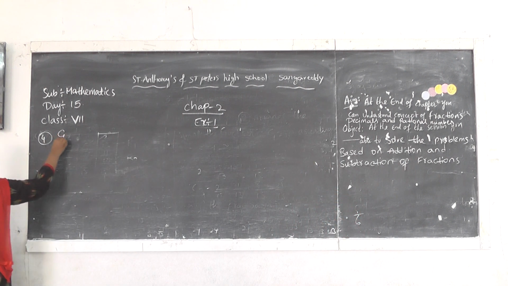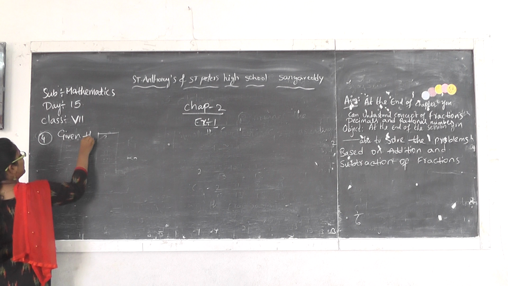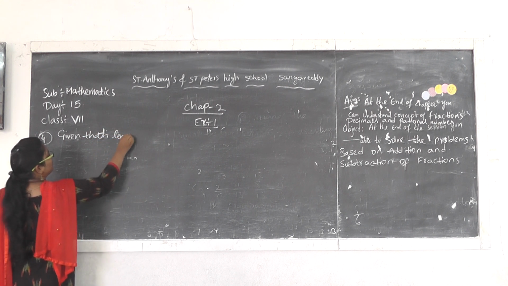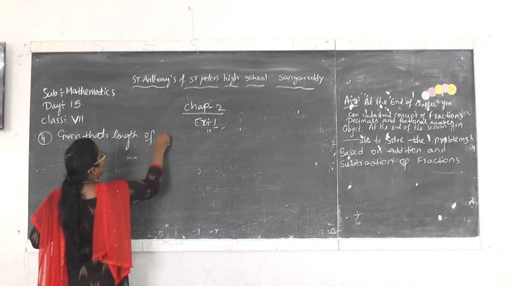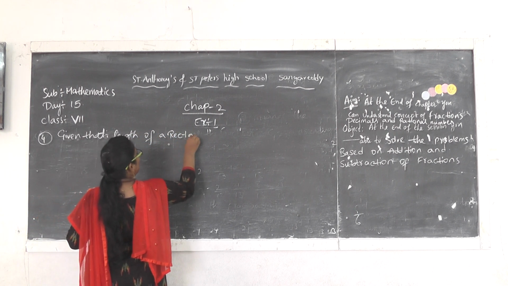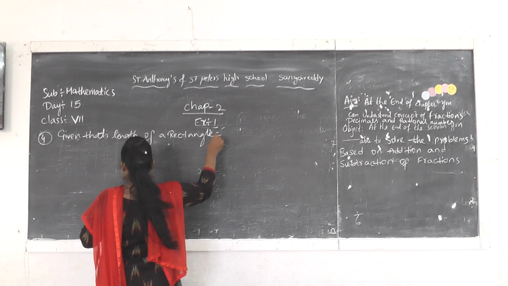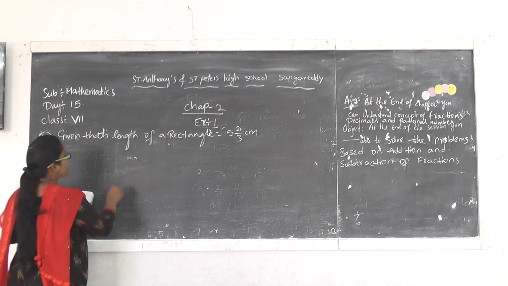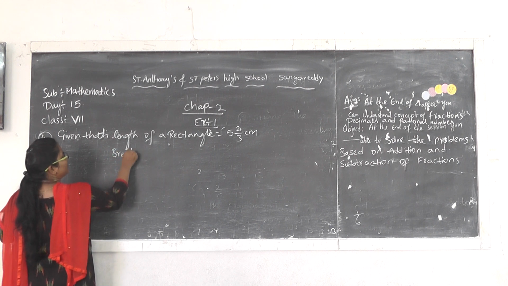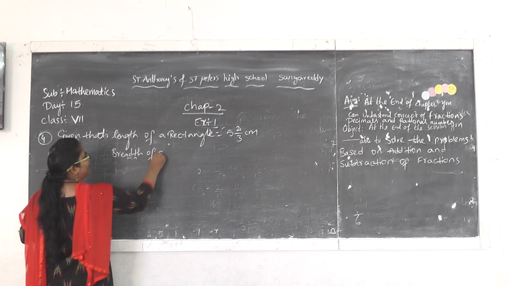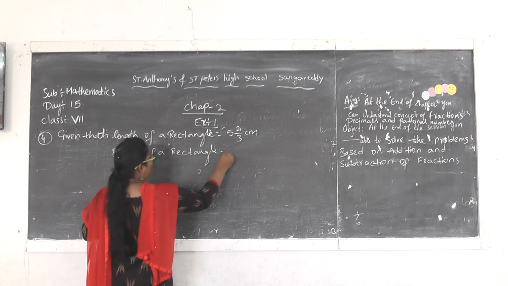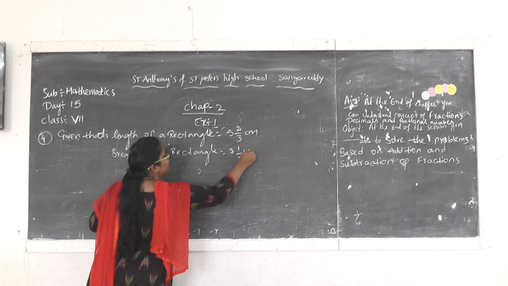That means, given that the length of the rectangle is 5 2 by 3 centimeters and the breadth of the rectangle is 3 1 by 5 centimeters.